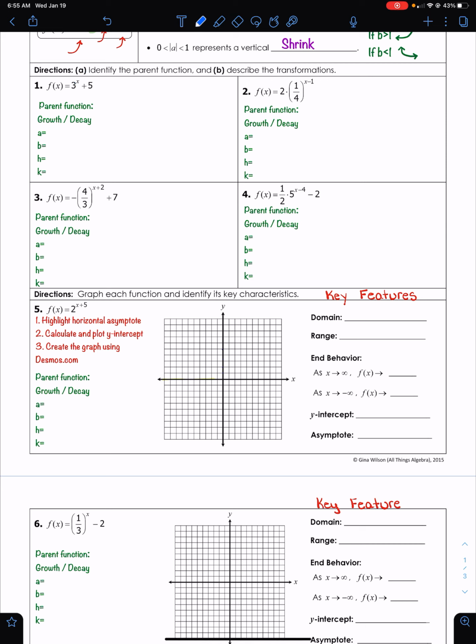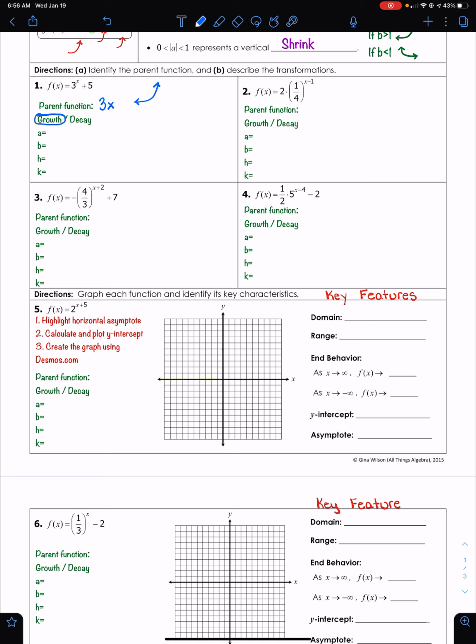So my parent function here is 3 to the x. This one is going to be a growth because the b value is greater than 1. That is what we talked about yesterday. If it's greater than 1, it's a growth. If it's less than 1, it is a decay. So if we were graphing this, it would look something like that.